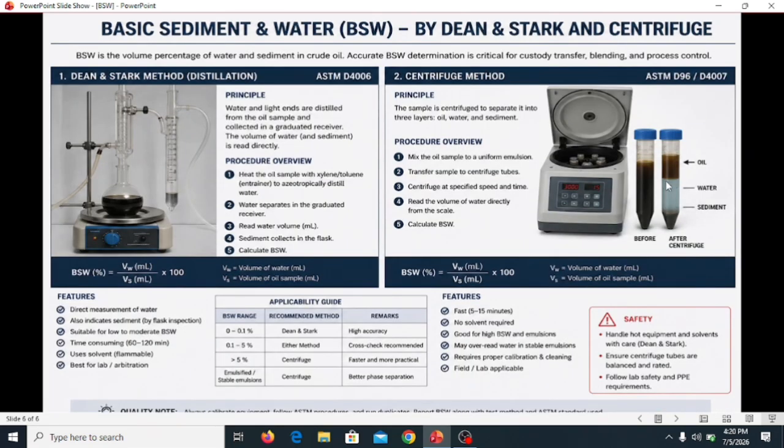So what are the equipment used to check for BS and W in our crude oil laboratory? Number one, we use Dean-Stark, and we use a centrifuge. And you see the picture here, Dean-Stark.